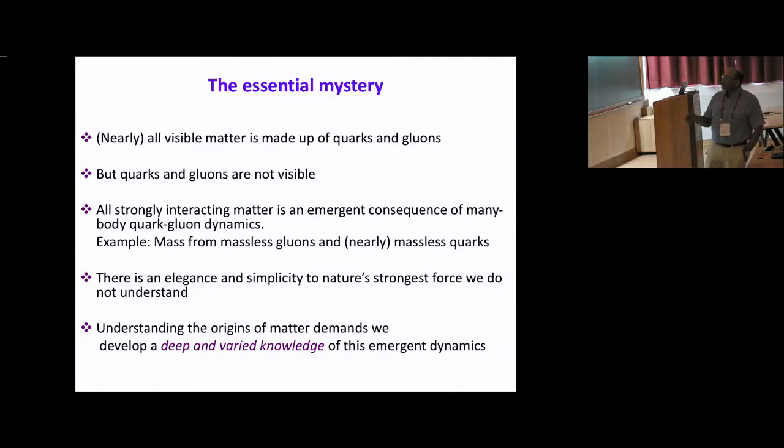All strongly interacting matter is an emergent consequence of many-body quark-gluon dynamics. And this explains the fact that even though the quarks themselves have very little mass and gluons are massless, they're able to generate the masses of protons, neutrons, and other subatomic particles.